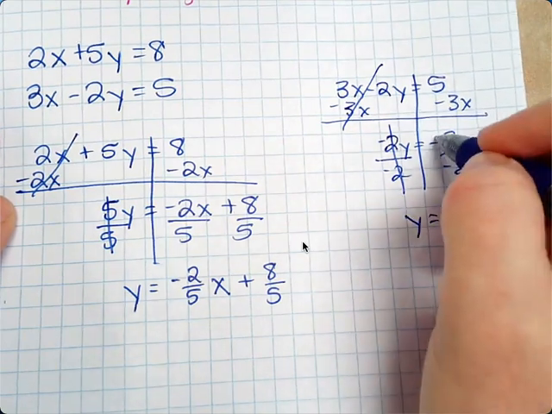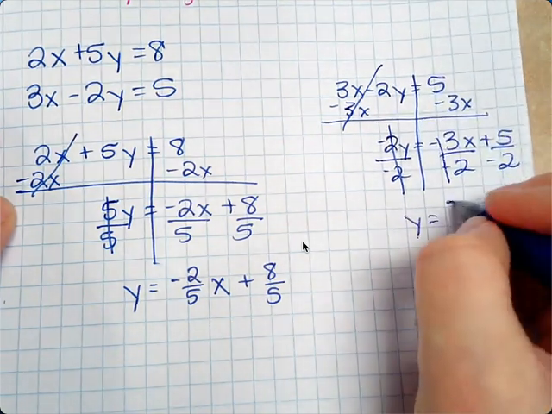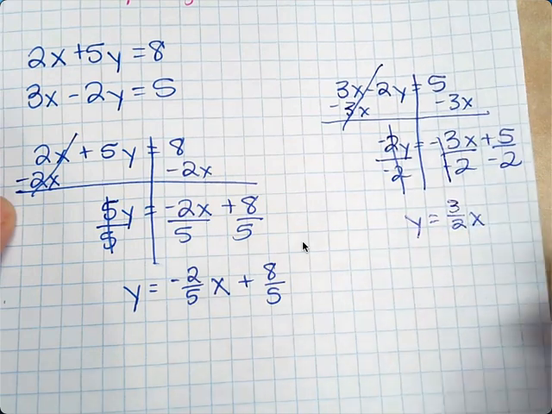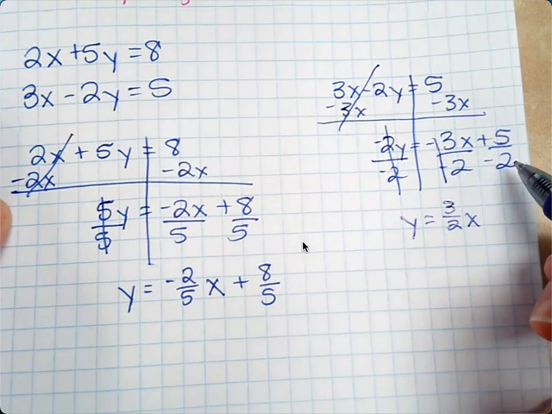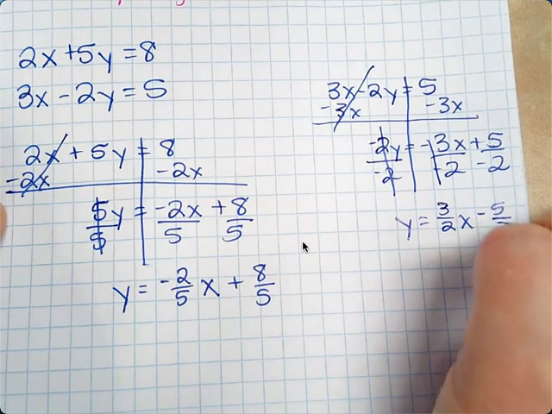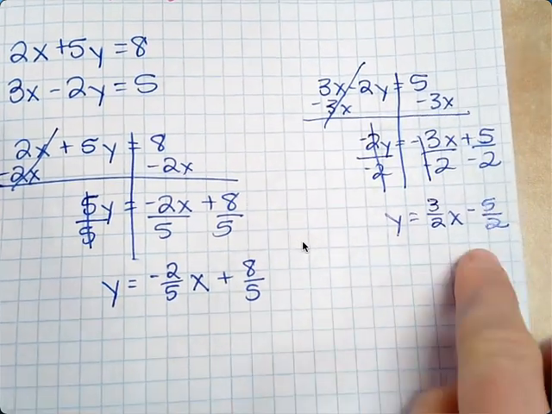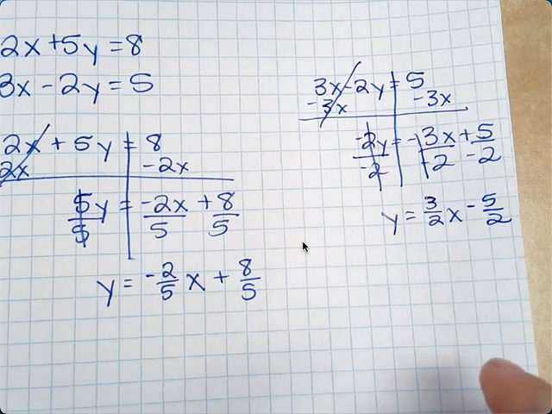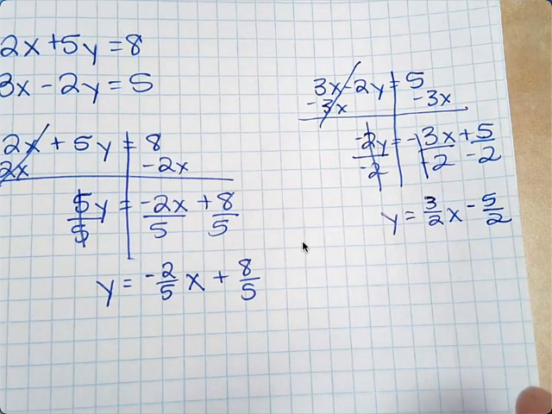Negative over negative becomes positive. And then 5 over negative 2. Let's just leave it like that. So these are our two equations. Those don't seem very fun to graph.